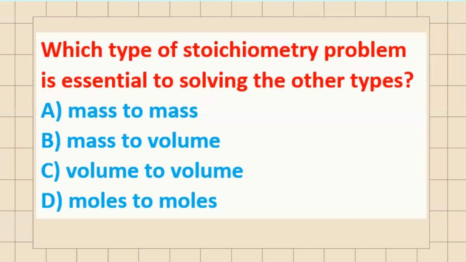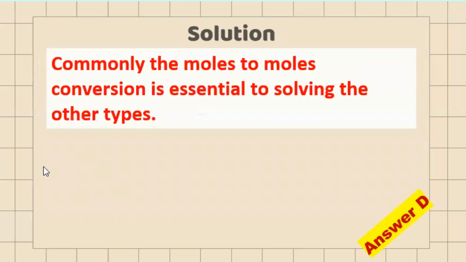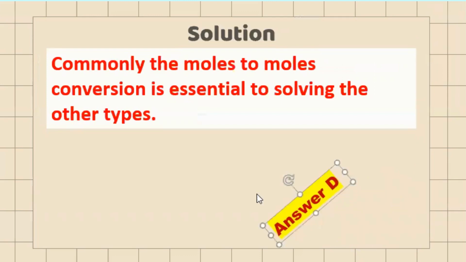And the volume also can be calculated by using the mole to mole conversion. Therefore, the answer must be what? D. The answer must be D because commonly the mole to mole conversion is essential to solve the other types of stoichiometric problems.